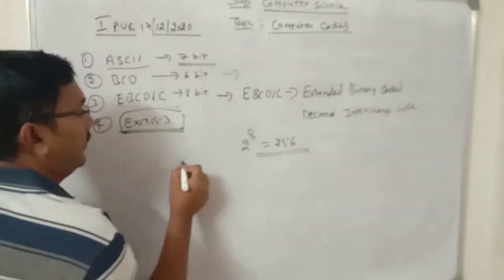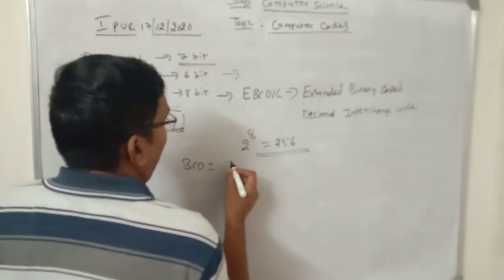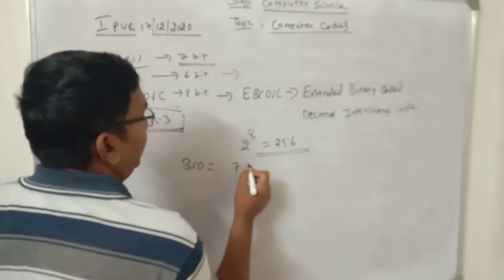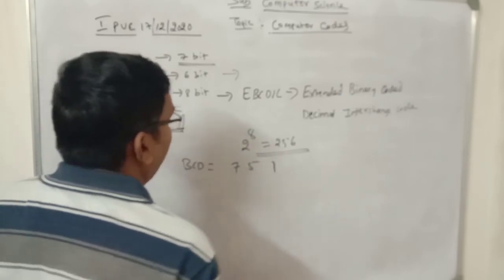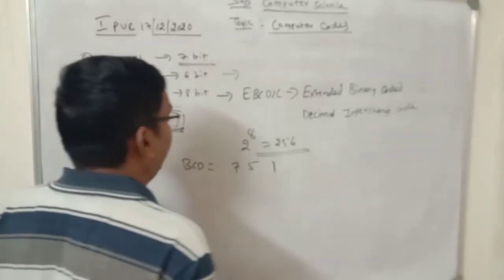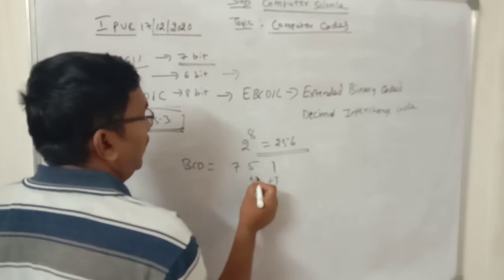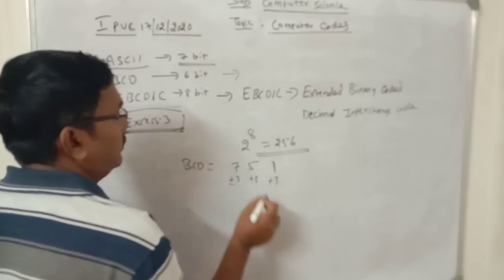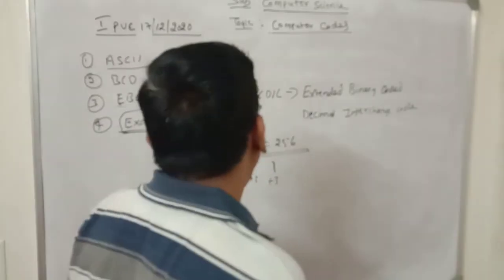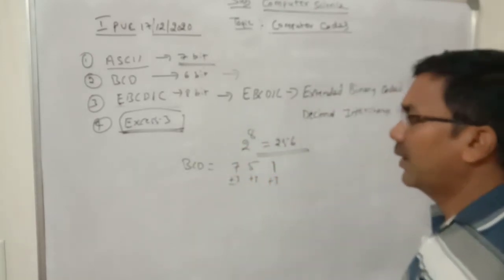In BCD I can write 751. XS3 code means you have to add an extra 3 to each digit: plus 3, plus 3, plus 3. Then in BCD you can generally write 4 bits or 3 bits.